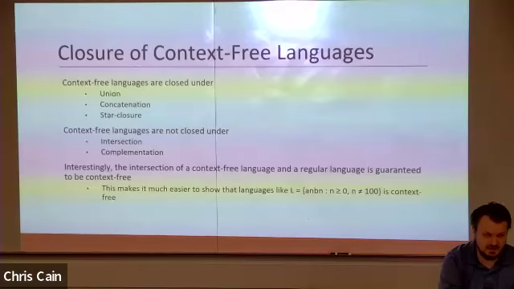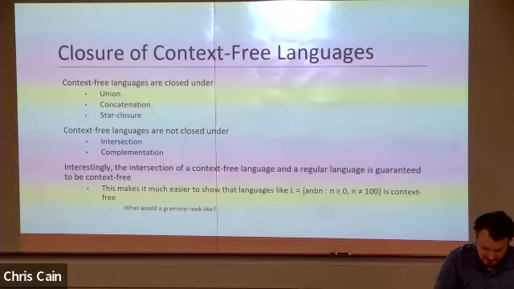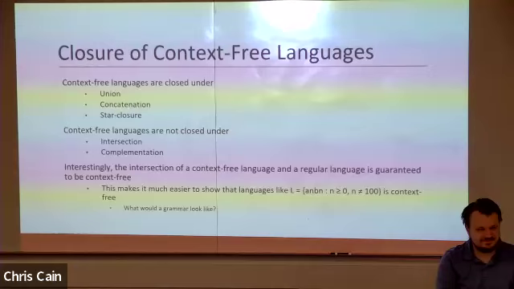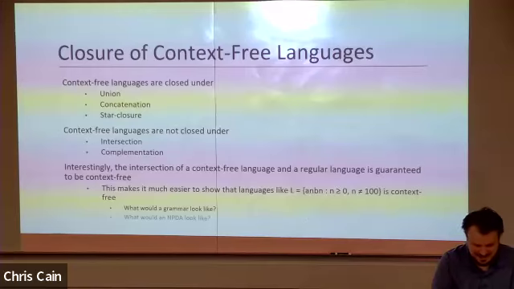And we know regular languages are closed under complementation. So the reverse of that. So what would the grammar for this look like? It's kind of gross, isn't it? You have to be able to say no at exactly N equals 100. What would the NPDA look like?